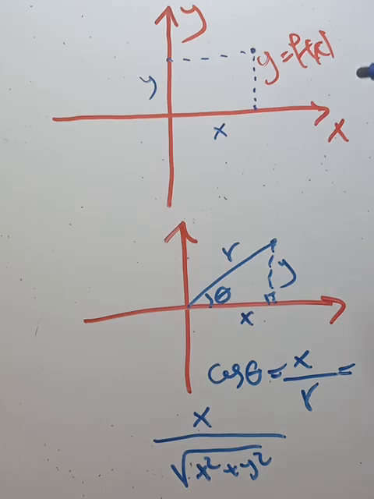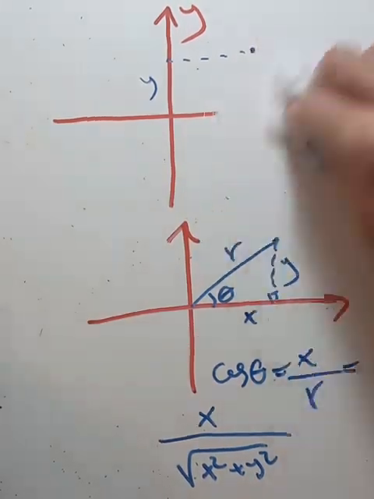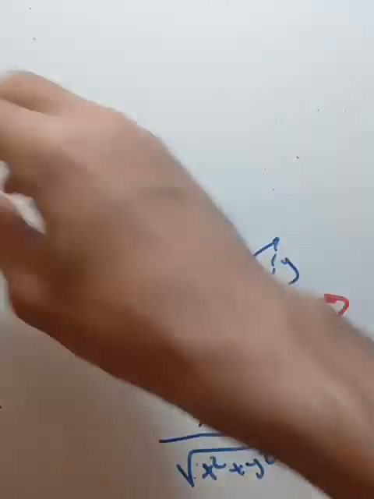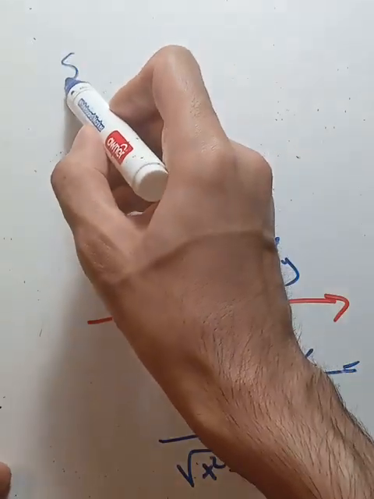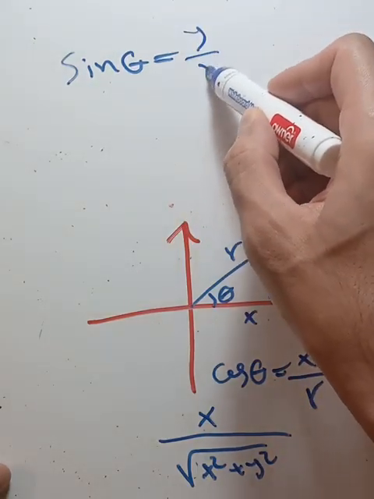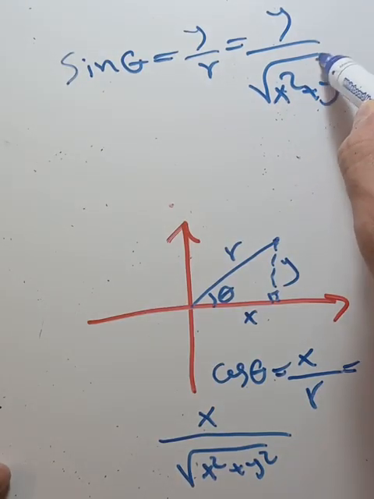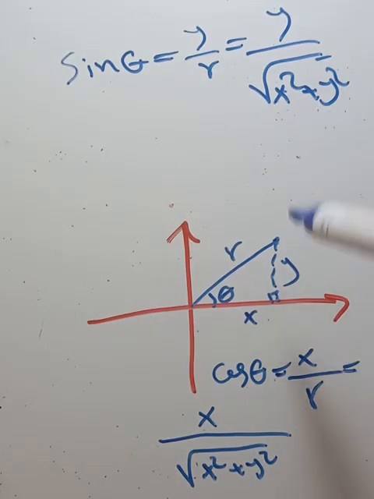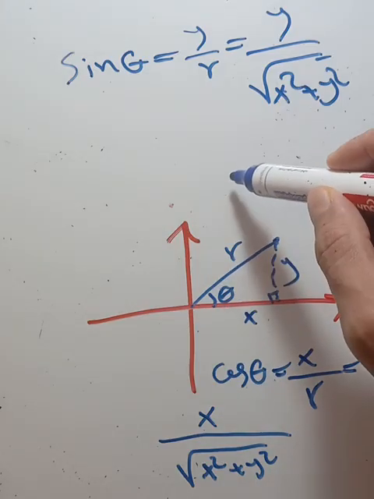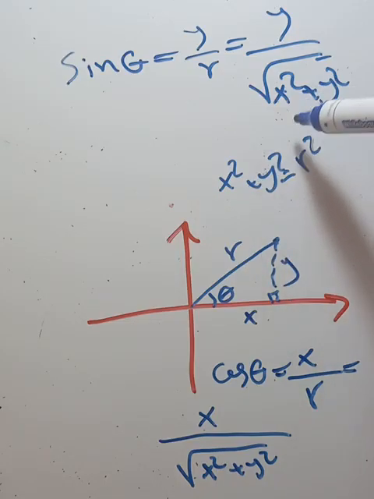And similarly, sine theta equals y divided by r, which is y over the square root of x squared plus y squared. This is x, this is y, so x squared plus y squared equals r squared. So r would be the square root of this.